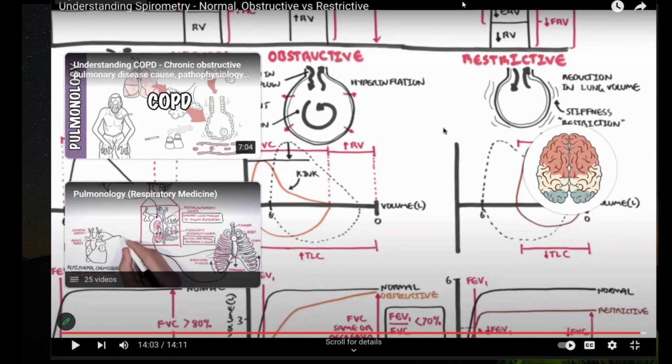Yep. And how about the restrictive? The restrictive is the same. Yeah, it could be the same. It could be normal. Because both FEV1 and FVC are decreased, the ratio remains normal. But in obstructive, FEV1 is much more reduced than the FVC. That's why the ratio is very low.